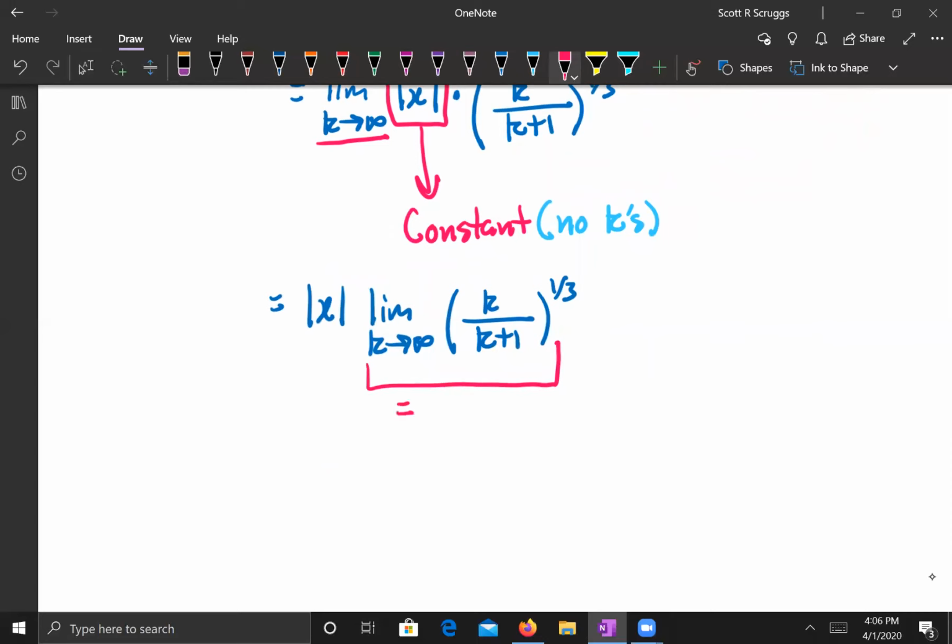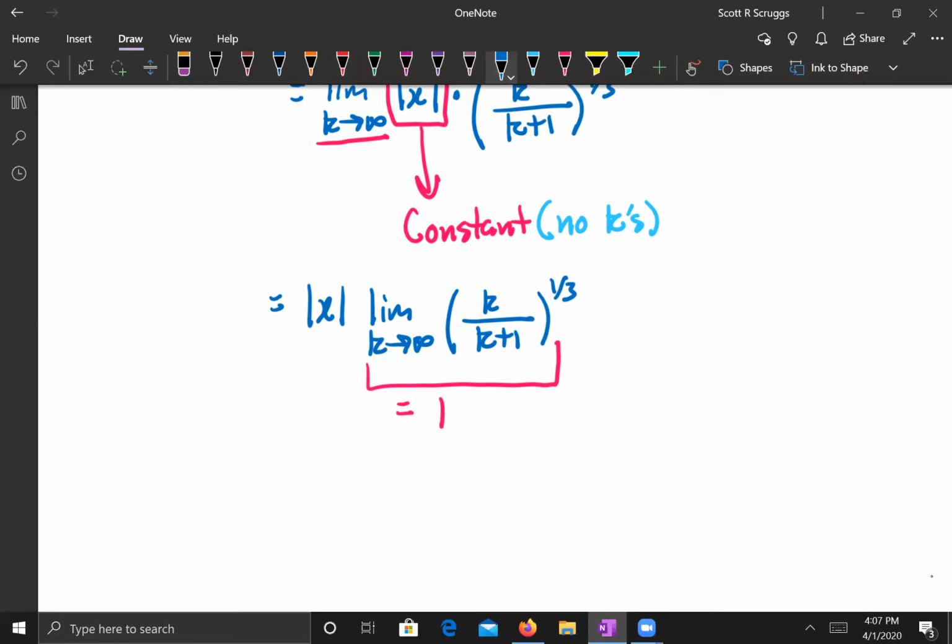And if we evaluate that limit, I'll go ahead and tell you that we're going to get 1. The reason why we're going to get 1 is the cube root is continuous, so I can move the limit inside the cube root and take the limit of k divided by k plus 1, which will equal 1.